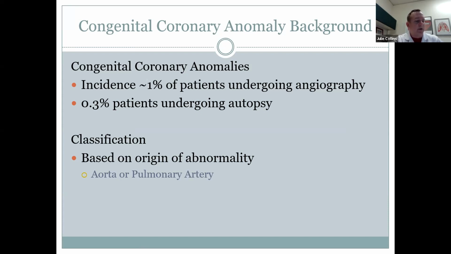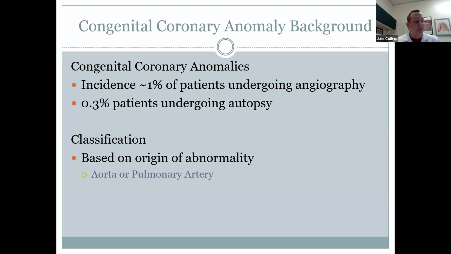The general categories can be classified based on the origin of where the abnormal coronary artery is arising, usually from the aorta, or sometimes from the pulmonary artery. That ultimately classifies it.